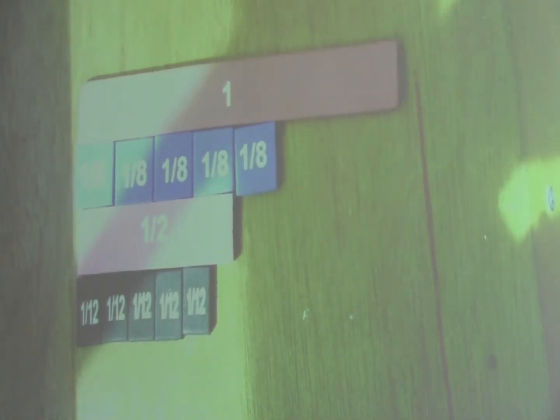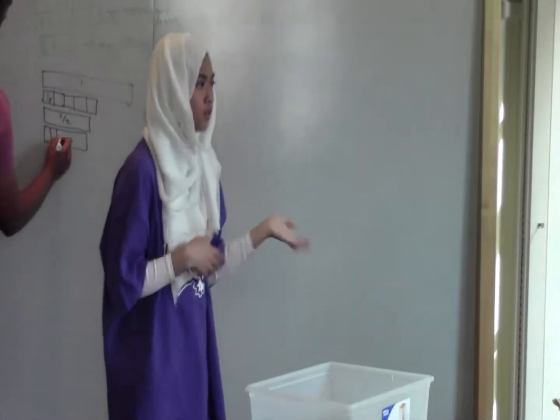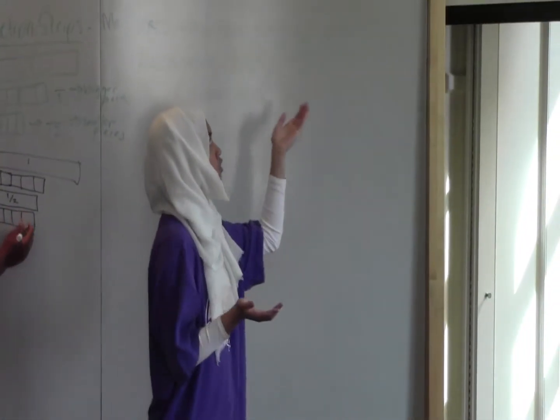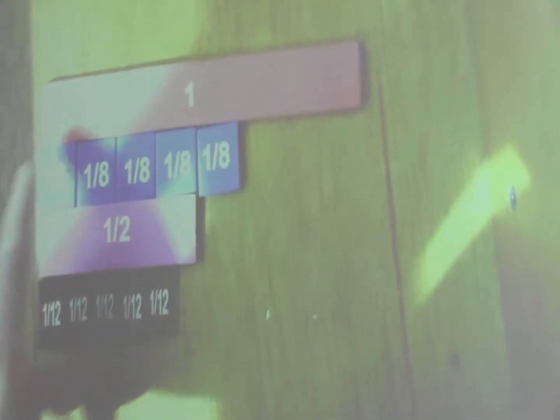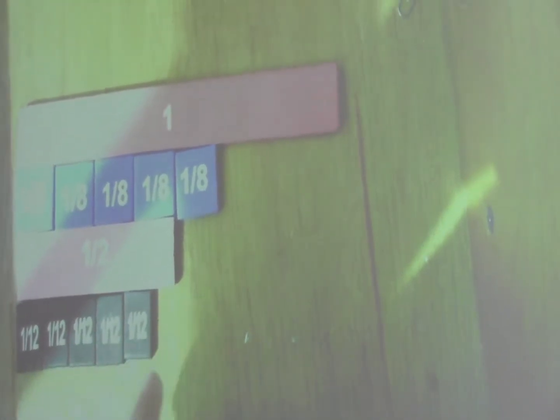And 8 is less than 12. So I would think that 1/2 would go before the 5/8 because the 2 is less than the 8. Why is the 1/2 in between the two? Because the denominator is the number of pieces that the whole is split into. So the more pieces you have, the smaller the pieces are.